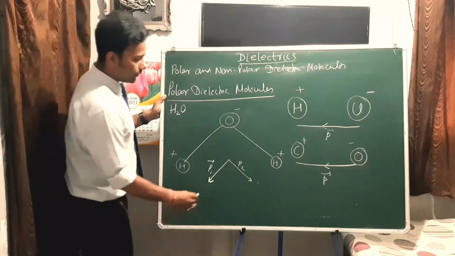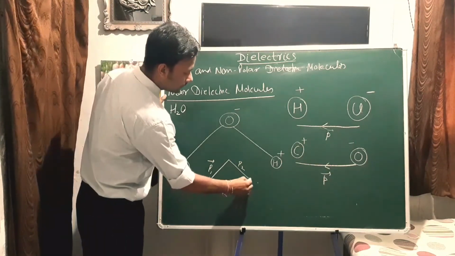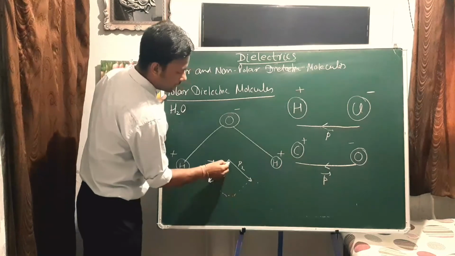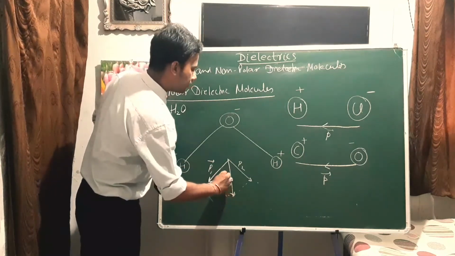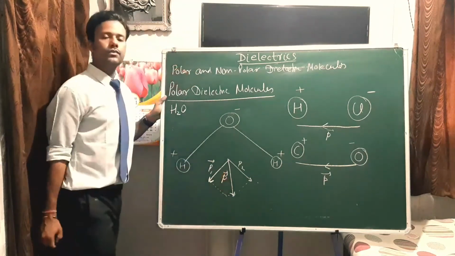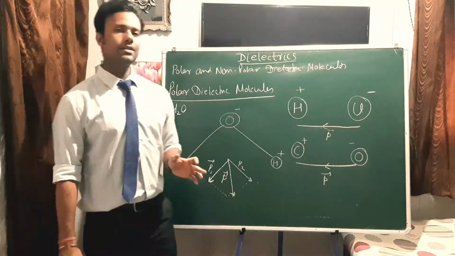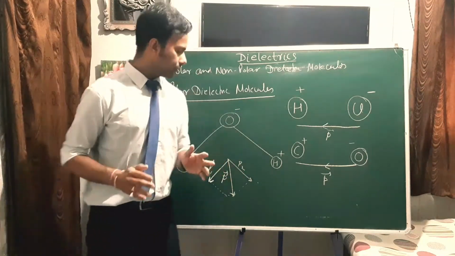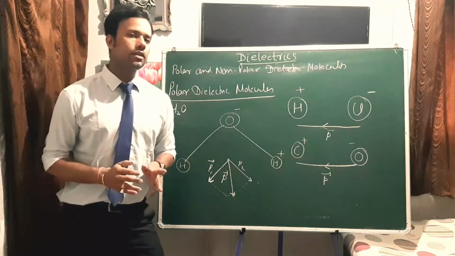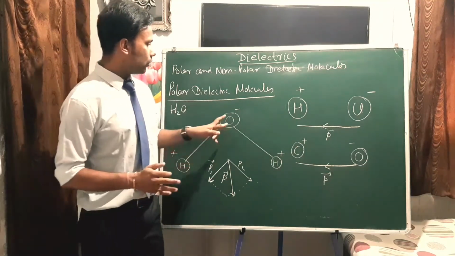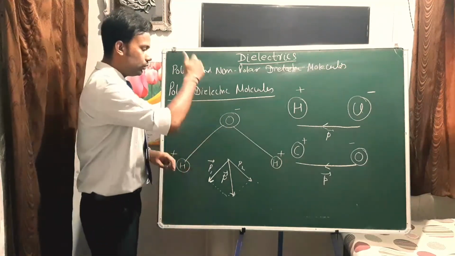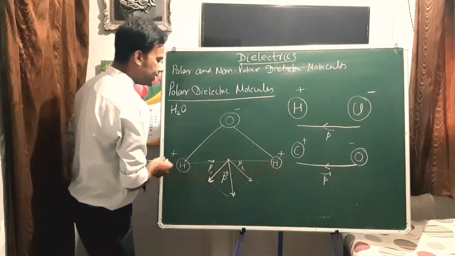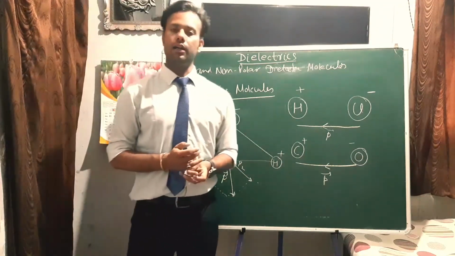So when we find the resultant, the resultant dipole will be this. That means in the case of H2O, the direction of electrical dipole moment is from the oxygen atom toward the base line of the hydrogen atoms.